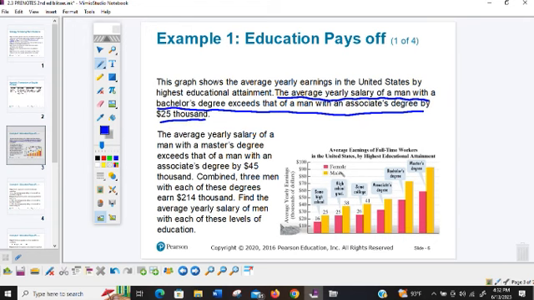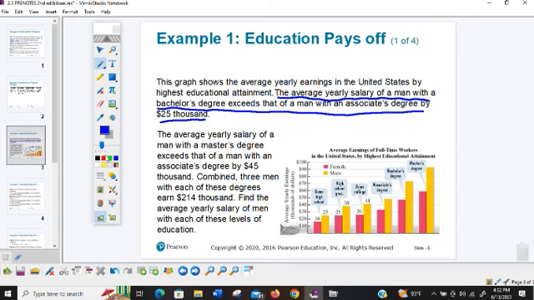So with a graph, you have male and female. We're interested in male. So here they have some high school graduates, some college, associates, bachelor's degree, master's degree. They say the average salary of a man with a bachelor's degree, that's right here, exceeds that of a man with an associate by $25,000.